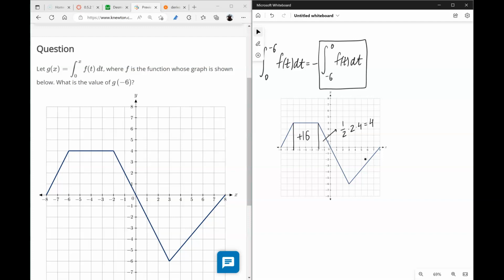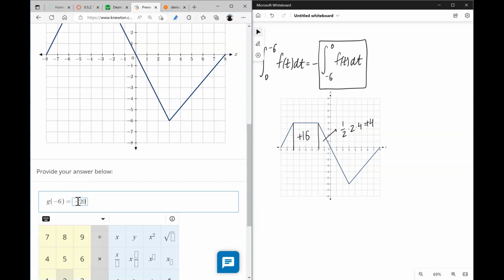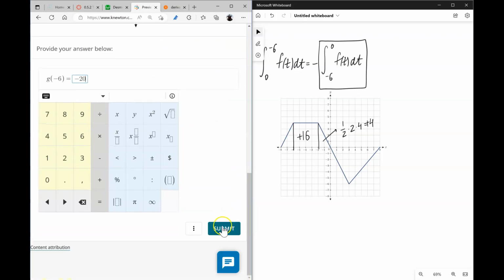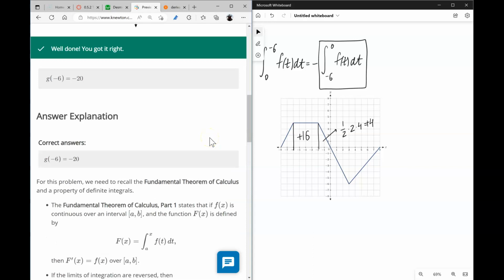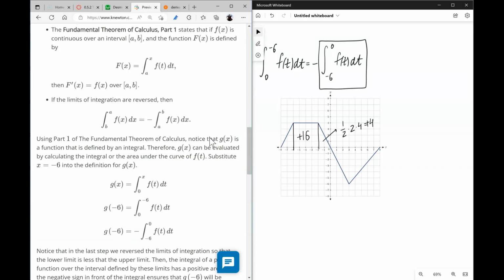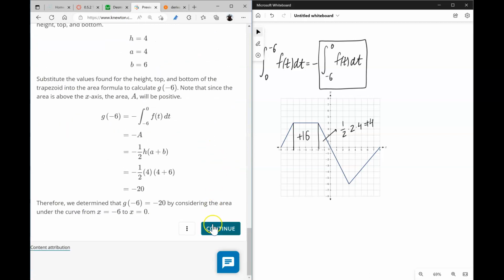So we have +16 plus 4, so the total area is 20, but because the sign is negative, we put -20. So it's like if you're going through the positive area but in the negative direction, you're going to end up with the negative integral. That's what this represents.